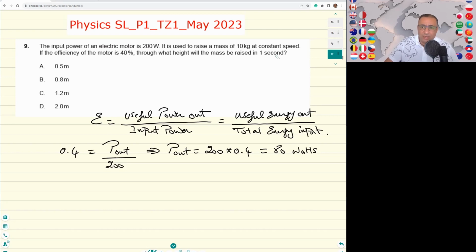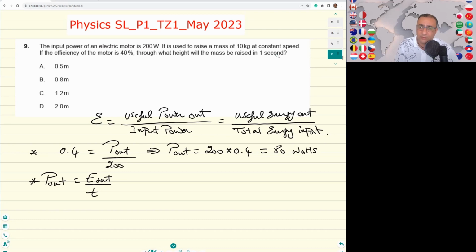Now we can convert power into energy, because power is the rate of energy transferred. So technically, the output power is the energy divided by time. Power is also the rate of doing work.